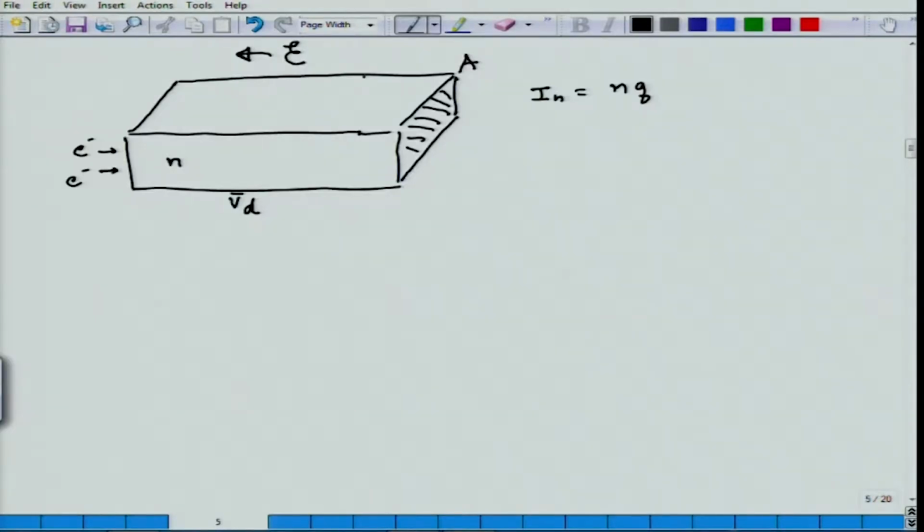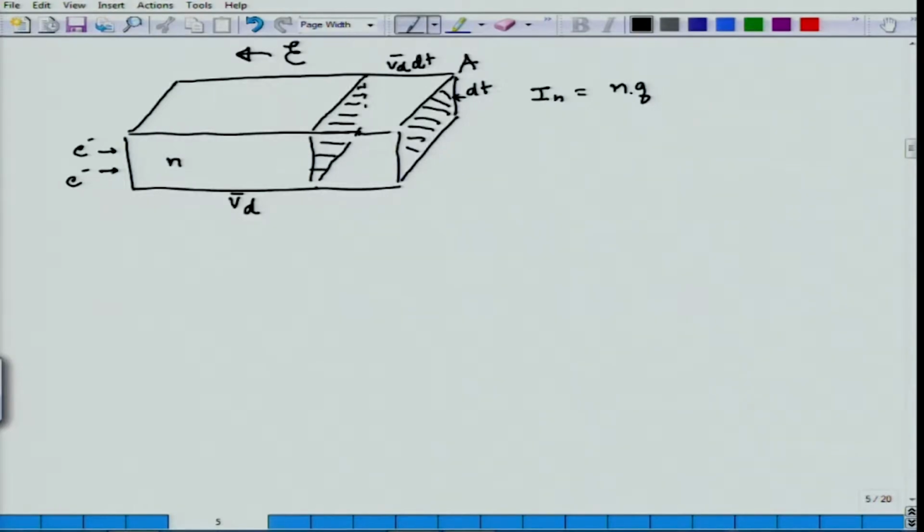Then the number of electrons crossing in time dt is given by the average velocity V d dt: all the electrons in this volume in time dt will cross this interface.